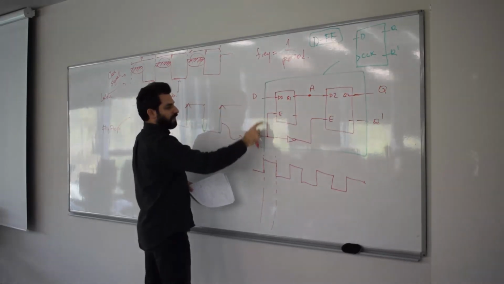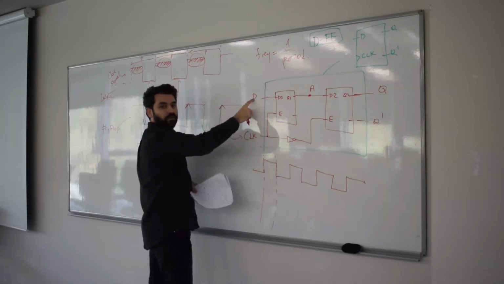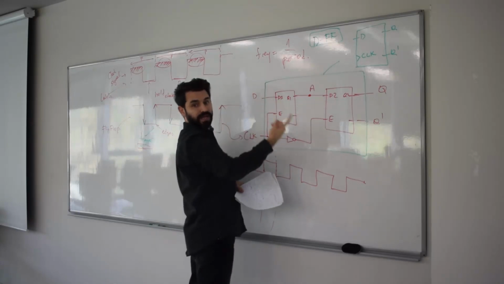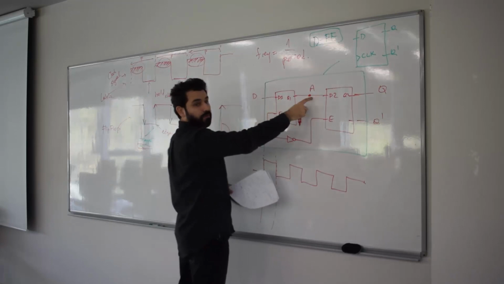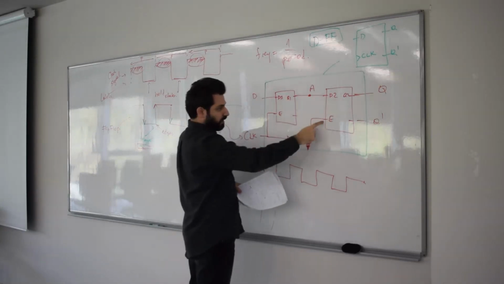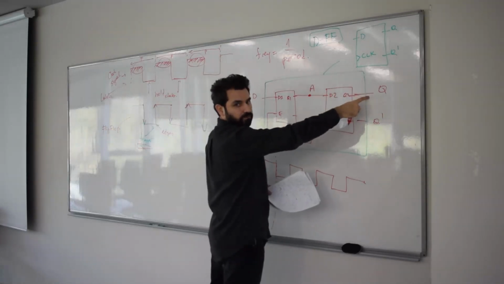However, when the clock is 1 here, it's going to enable this latch, and this D will be copied to here with noise because it's a latch. Okay? If there's noise on top of D, that's going to be copied to A. But since this is disabled, right? This is disabled because of this NOT gate. It's not going to push it out. Okay? It's not going to push it out.